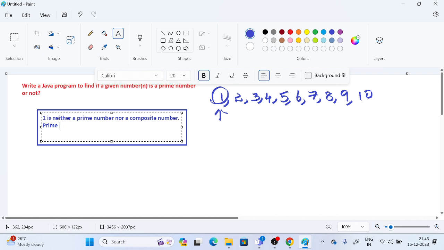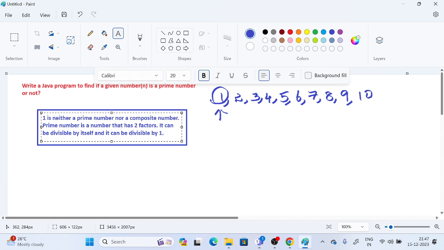And again, a prime number is a number that has two factors: it can be divisible by itself and it can be divisible by 1. So this is the definition of a prime number.